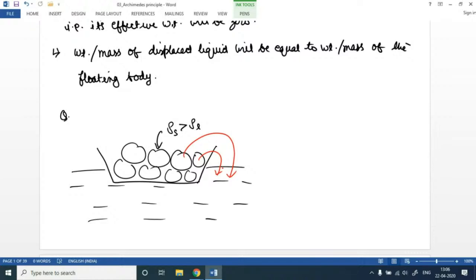So previously they were displacing more volume and finally they are displacing less volume. So the level will go down. I hope you have understood. Just by comparing the final and initial situation: in the initial situation, how much liquid the stones were displacing, which is equal to their weight, and in the final situation, how much liquid the stones will be displacing, which is equal to their volume.